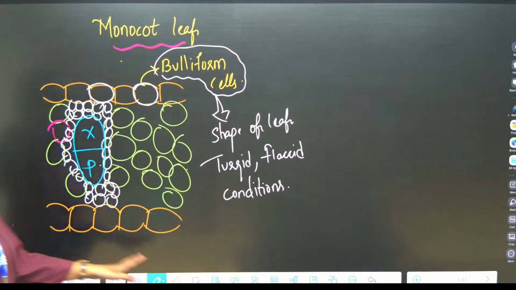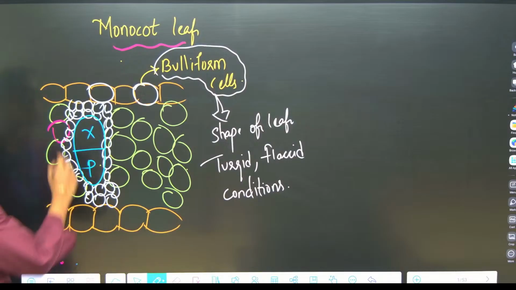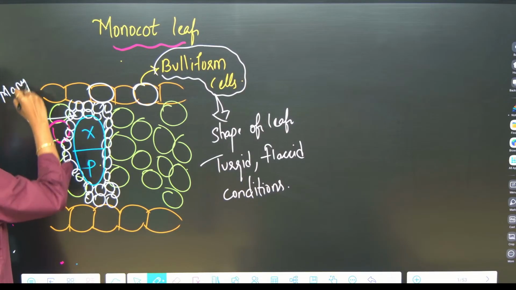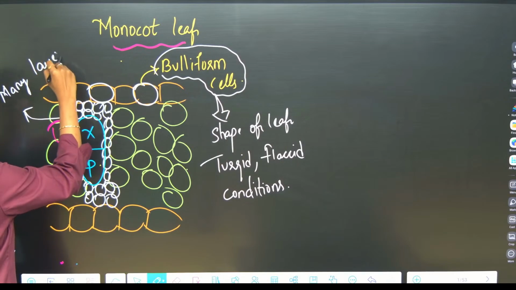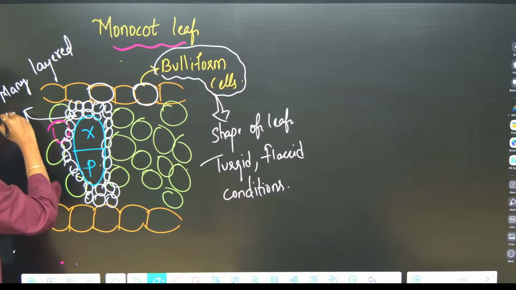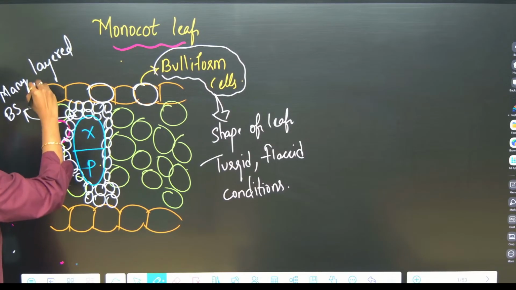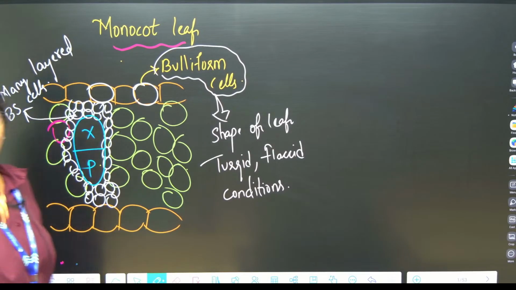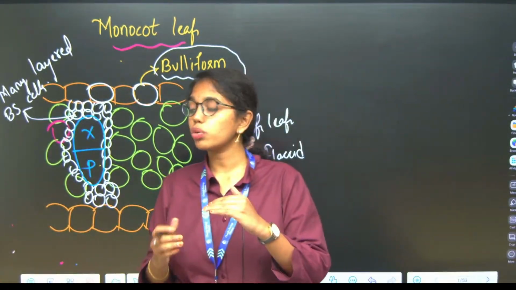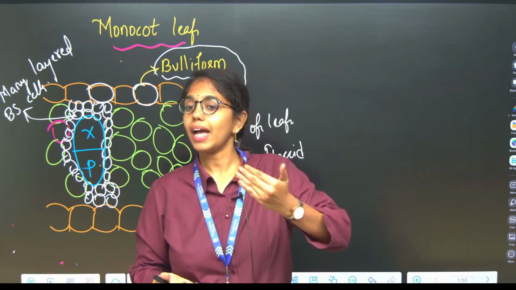Now, here you see bulliform cells are many layered, and bundle sheath cells are many layered. And in dicot leaf you have seen the stomatal distribution is more towards the abaxial side than the adaxial side.